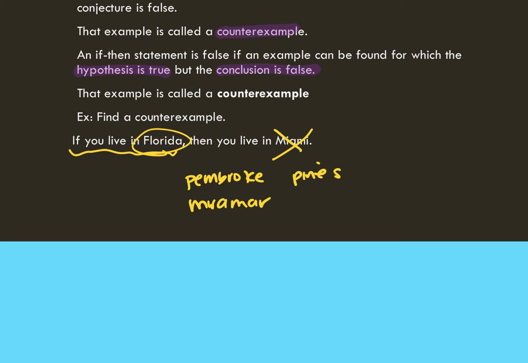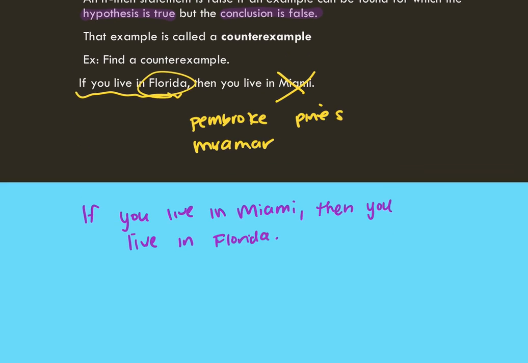Yes. Now, if I flip-flop that, if you live in Miami, then you live in Florida. What's a counterexample to that? Anybody know it?